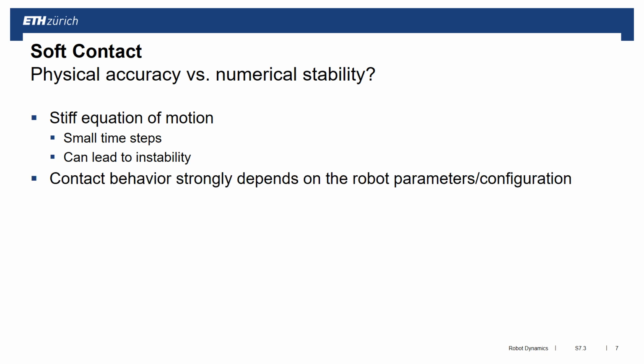The second thing is that the contact behavior strongly depends on the robot parameters and its configuration. So for example, if I take a robot and I'm doubling its mass, then of course I have to change the contact parameters, which is kind of strange, right? The contact parameter is only a matter of the materials, but not really a matter of the robot properties.